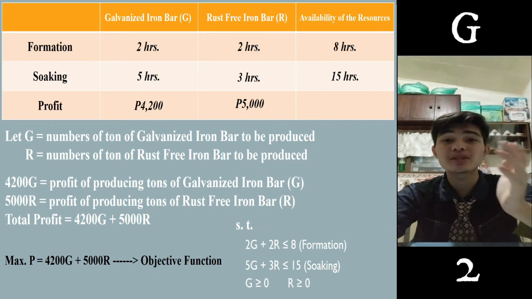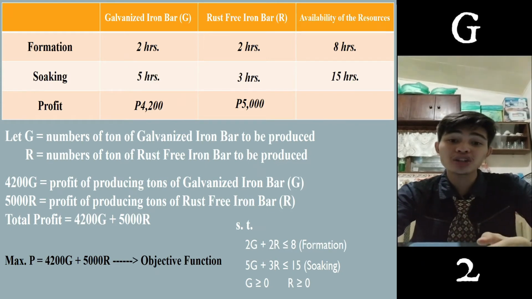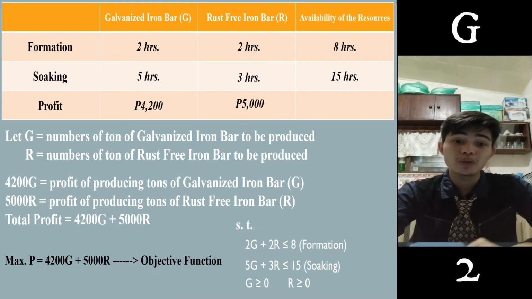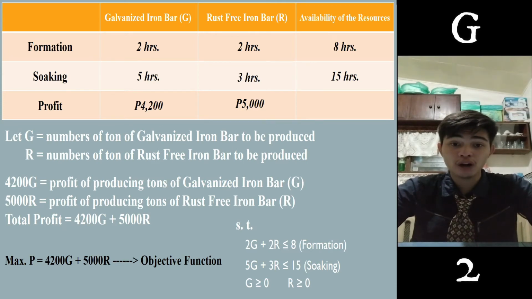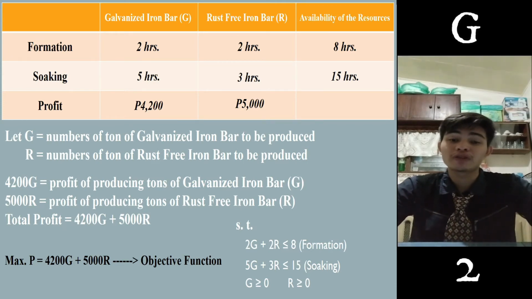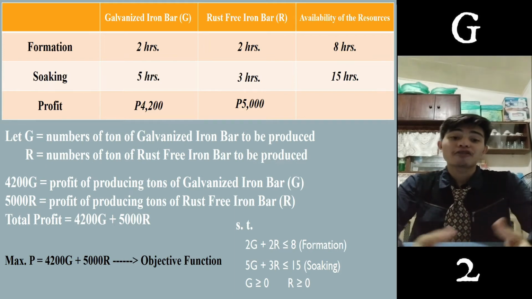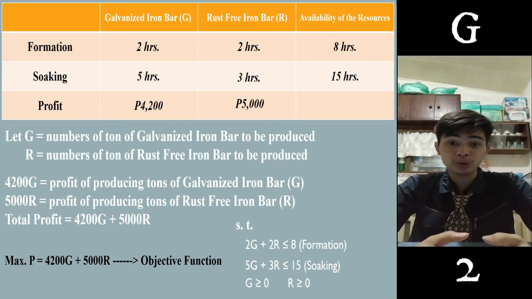For us not to be confused as the process is needed, we need to let G be the number of tons of the galvanized iron bar to be produced. Also, we must let R be the number of tons of rust-free iron bar to be produced. 4,200 G is the profit of producing tons of galvanized iron bar. 5,000 R is the profit of producing tons of rust-free iron bar.